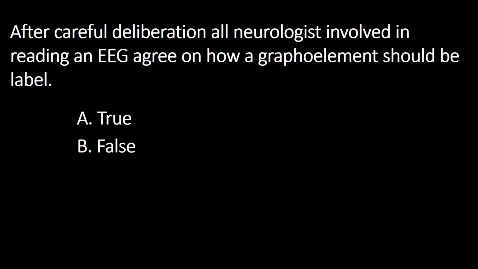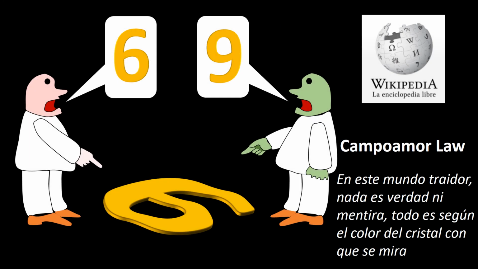Next question. After careful deliberation, all neurologists involved in the evaluation of an EEG agree on how a grapho element should be labeled. A, true. B, false. The answer to the prior question is obvious for all of those that have been trained in neurophysiology.